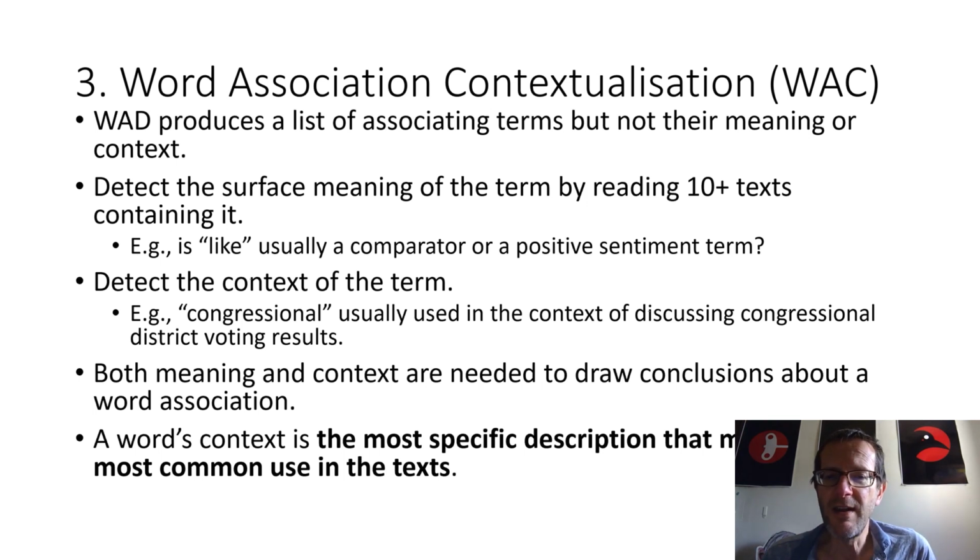You have to make the context description as specific as possible, but not so specific that it doesn't match most of the uses, so general enough that it does match the most common uses of that word. We'll see examples of that too, so that my confusing description is clearer, hopefully.